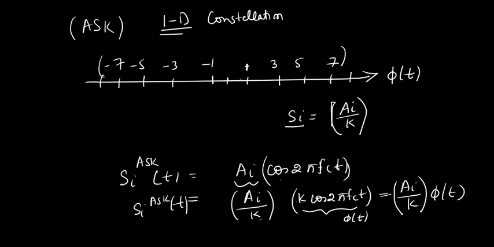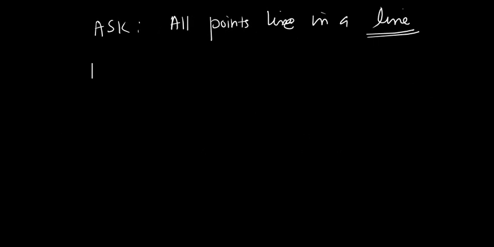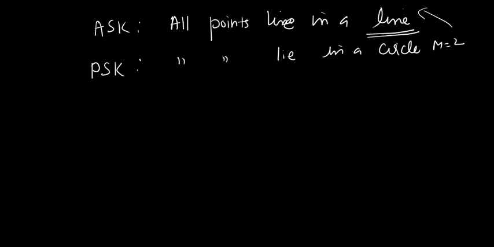Yes, sir. One dimension. PSK, all points lie in a circle except m equal to 2, which you can call ASK. So just remove it. That is why when I write PSK, I say m greater than 2. Okay?